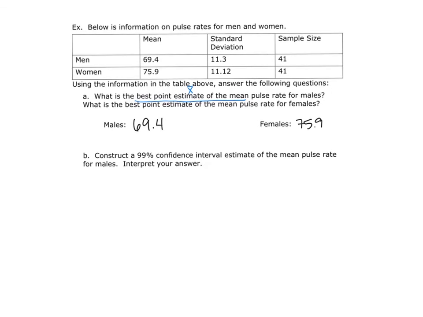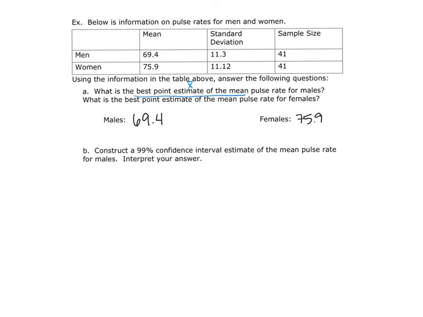Construct a 99% confidence interval estimate of the mean pulse rate for males. So we're looking for a 99% confidence interval for the mean, and we're focusing on just males in this example. Because we know that we're writing a confidence interval for the mean, we're going to use the formula x bar plus or minus t alpha over 2 times s over the square root of n.